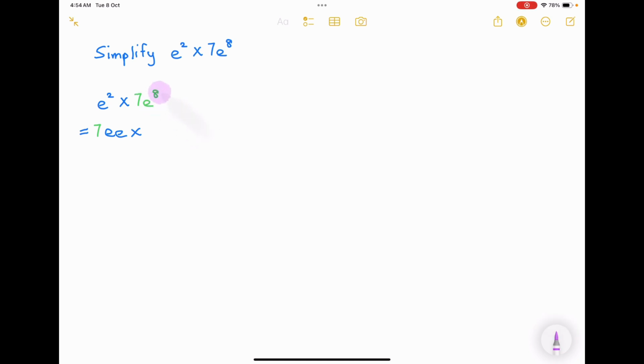This E appears 8 times. 1, 2, 3, 4, 5, 6, 7, 8. Altogether, we have 7 times E to the power 10.